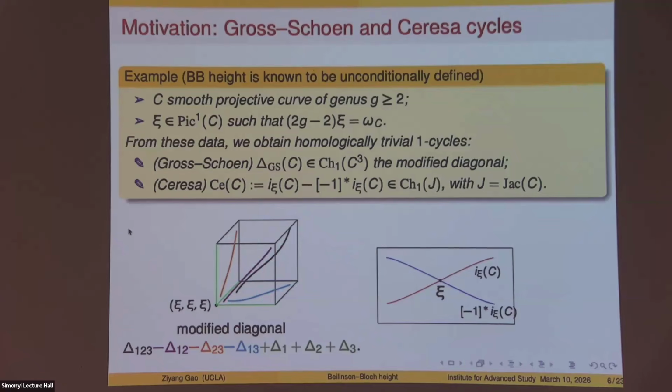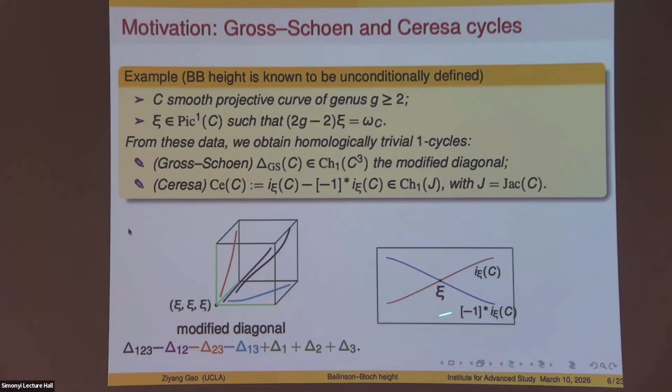They are the diagonals in 2 variables, in 2 directions. We fix one of them. And then you also have the diagonals in 1 direction. And we do the alternating sum up to here. So this is a 1-cycle, and we call it the modified diagonal. One can check that this is indeed homologically trivial. So this is the Gross-Schoen cycle.